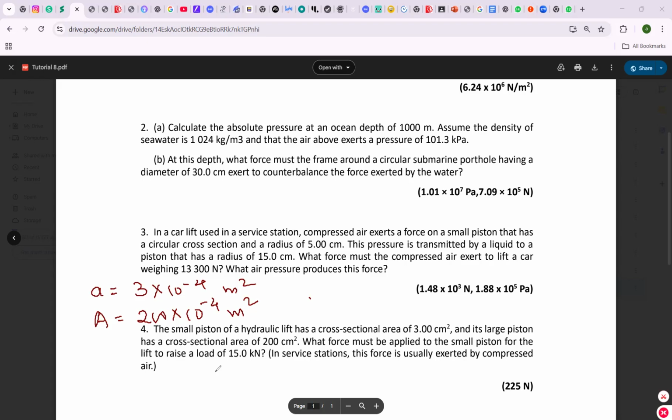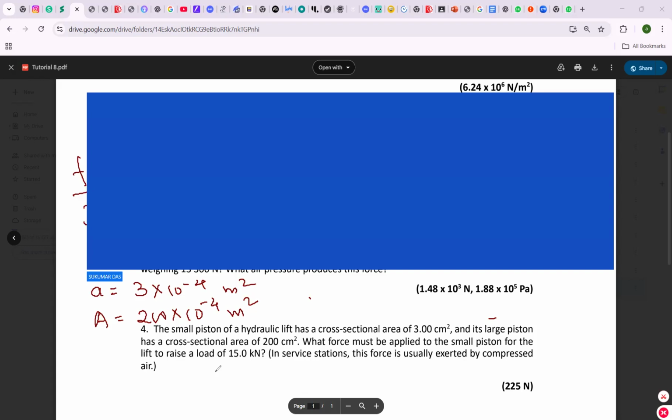One second, I'll take a photo. Let me do it. f by small area 3 times 10 to the power minus 4 is equal to capital F, which is 15 kilonewton.